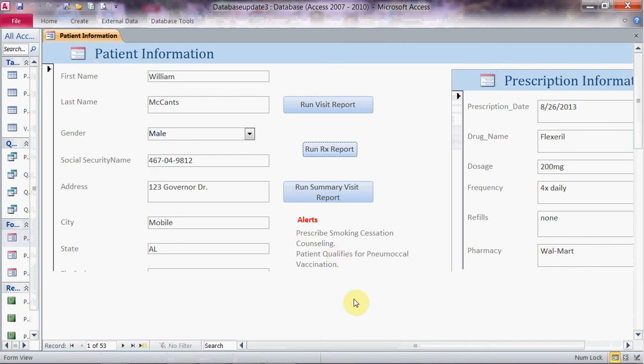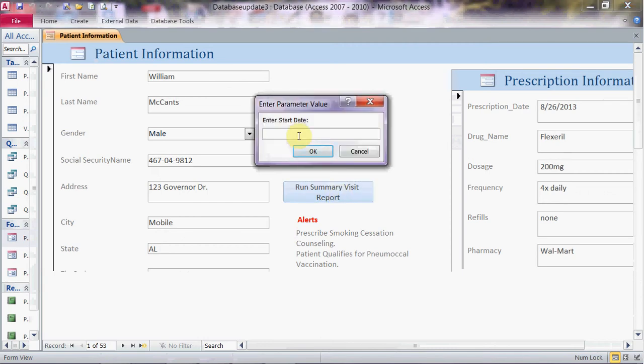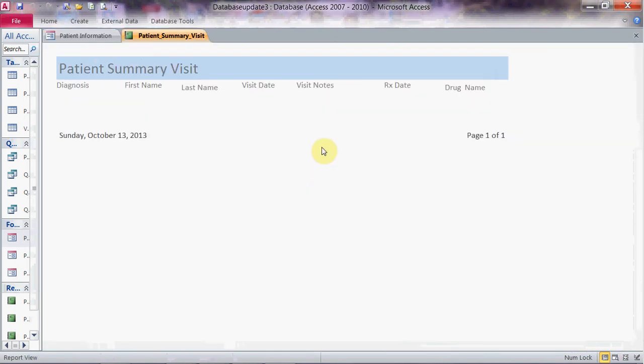If Mr. McCants needed a summary of his visit, we can also offer that. Again, we would enter in his start date. Since I don't know what the dates are, I will just put in a random number.